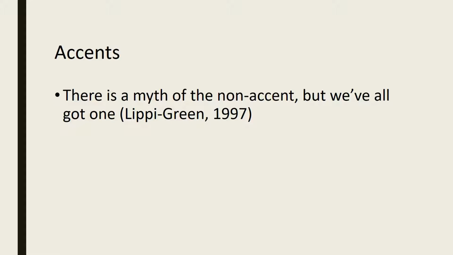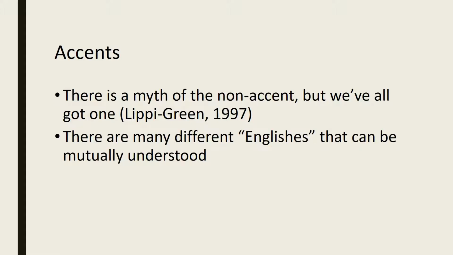Last point here, there are many different Englishes that can be mutually understood. And the idea here is that Arnold Schwarzenegger and Antonio Banderas could have a perfectly intelligible conversation in English with no problem understanding each other. And there are many, many different Englishes from around the world. So the question arises, well, which one is the right English?